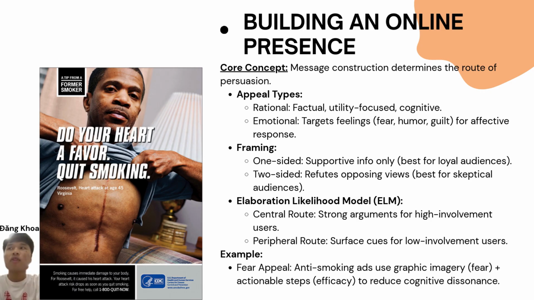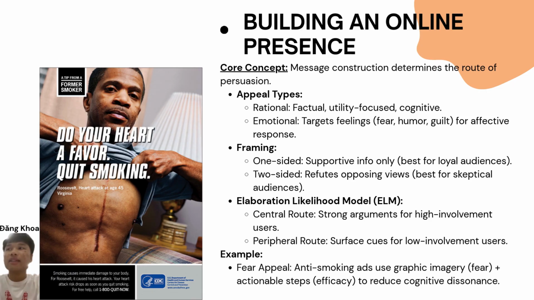So, moving from the source to the message structure, we examine how the construction of arguments dictates its efficacy. Marketers choose between rational appeals, which target cognitive evaluation, and emotional appeals like fear or humor, which target the affective component of attitudes.